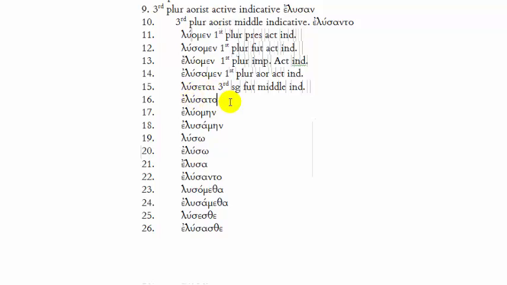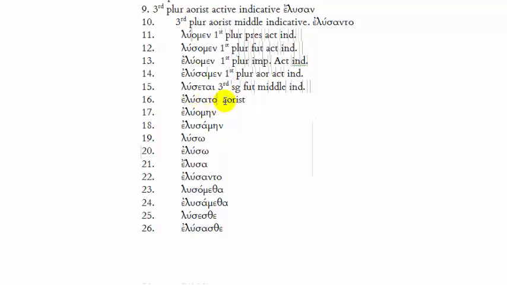All right, let's move on here. Elusato, elusato. Okay, that's a good one. Here again, epsilon, sigma, alpha. You should right away think aorist. Okay, we'll just even write aorist here, even though we don't know what the rest is going to be. Okay, so elusato. What about the ending?